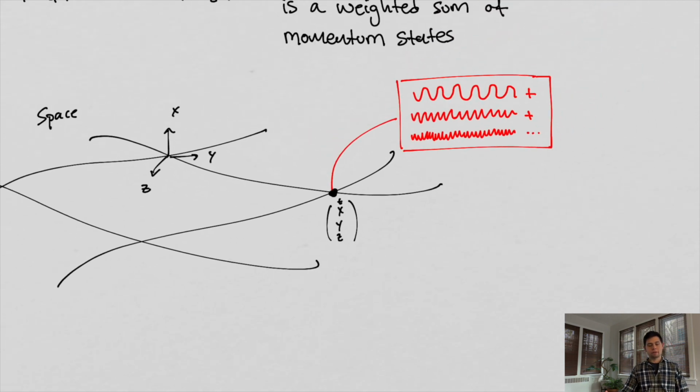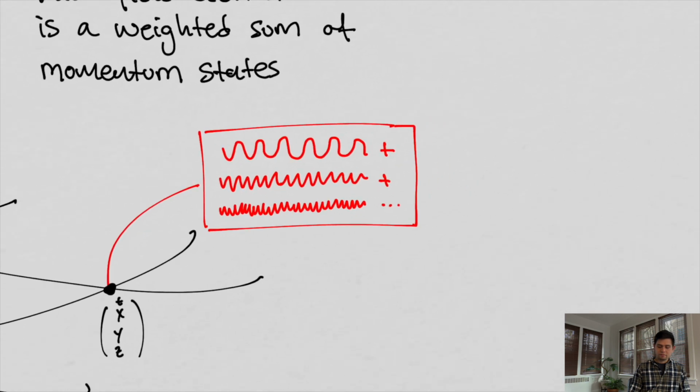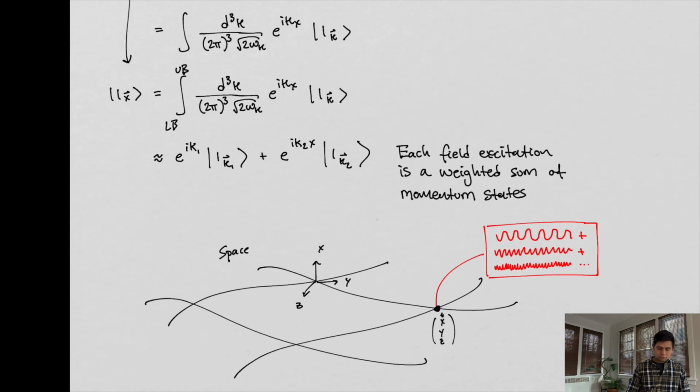So we can specify that point, but when we specify that point, we have a summation over certain momentum states. And again, the momentum states can be described by the frequency at which the particle is moving, right? So if we have a particle and we want to know exactly what its position is, unfortunately that comes at the cost of summing over multiple momentum states. And the same goes for the alternative.